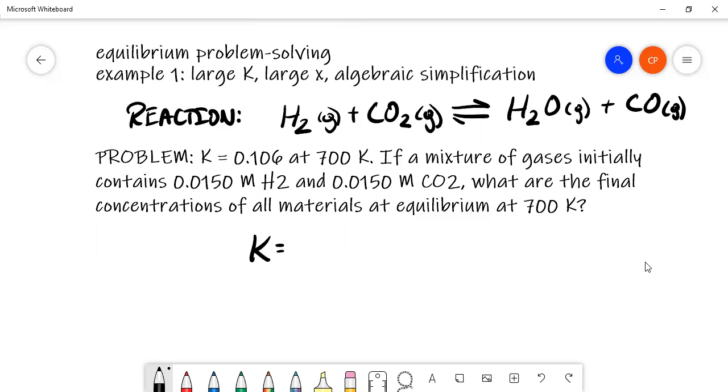What quantities divided by what quantities? It is the activities of the products divided by the activities of the reactants. Absolutely. And the activities in this particular case are expressed as concentrations.